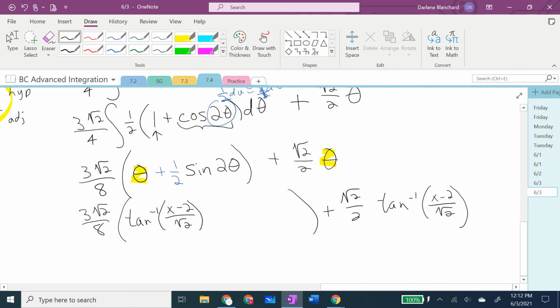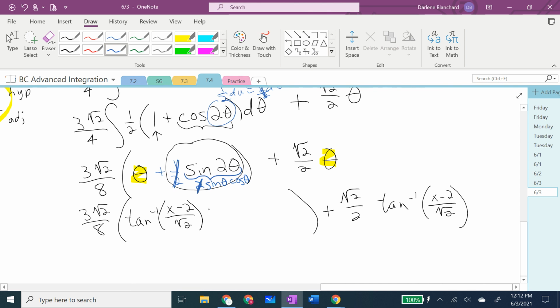Now I've got this. It's not ready for going back to the original x variable. Do you remember what we need to bring in? Another trig identity. Sine 2 theta is 2 times sine theta cosine theta. 1/2 times 2.